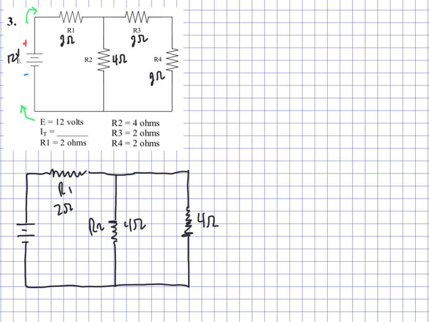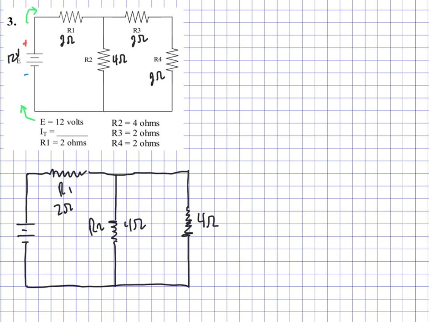So now we need to find out the equivalent resistance of this leg. Let me make sure you understand. The current is coming through this resistor, and it splits into these two areas. So we want to find the equivalent resistance of these two.